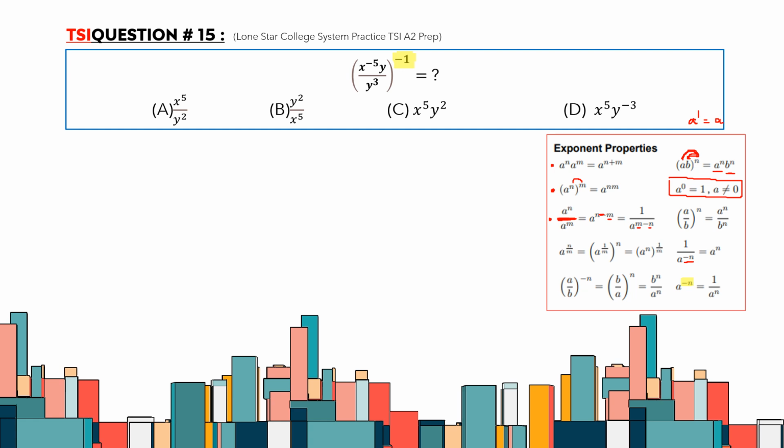So I will rewrite it: first, we write down x to the power of negative 5 y over y cubed, to the negative 1. Now I flip it over, so it will be y cubed over x to the power of negative 5 y. And because it's to the power of 1, it's the same thing, so we don't write it down.